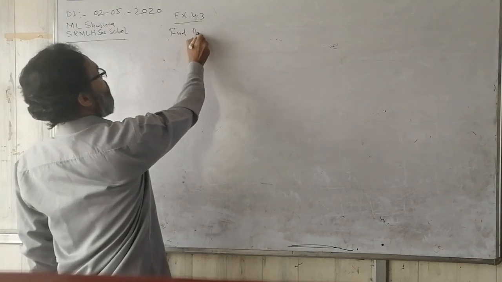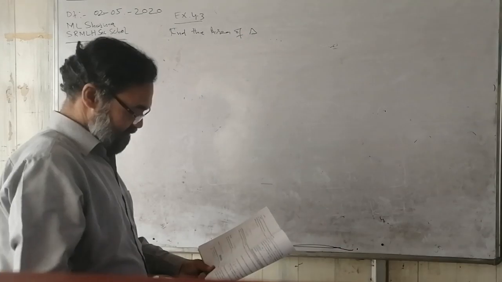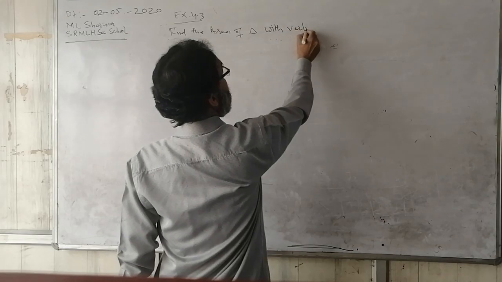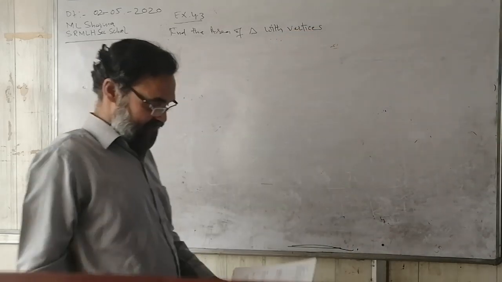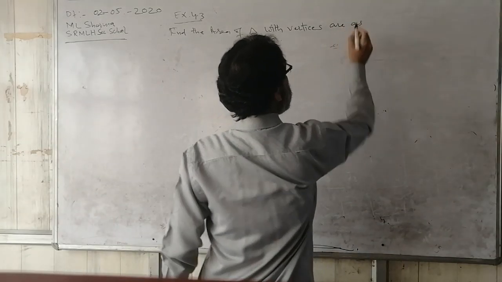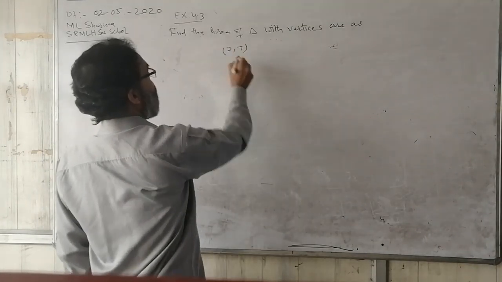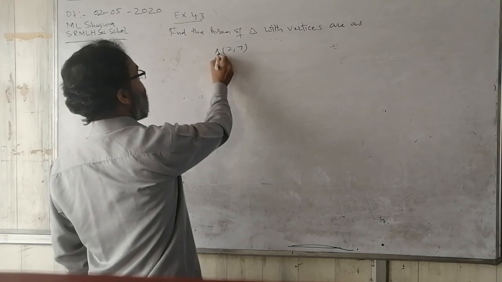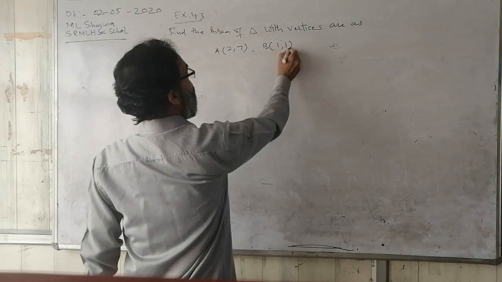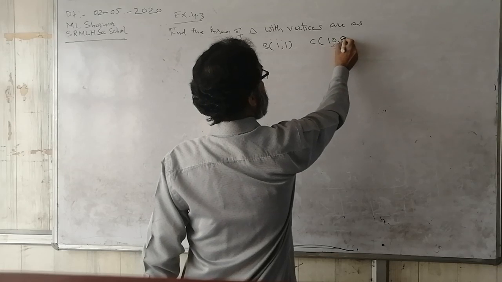You have to find the area of a triangle with vertices, the angular points of the triangle, given as (2, 7), this is point A, then point B (1, 1), and point C (10, 8).